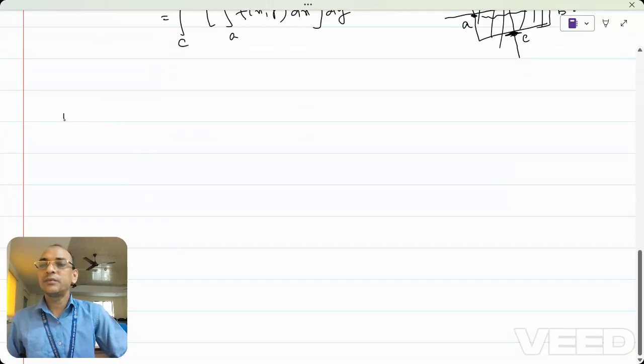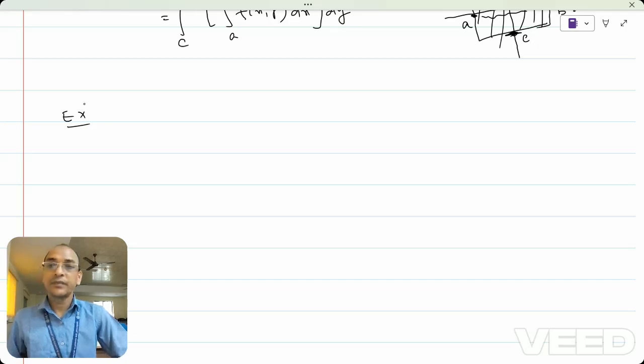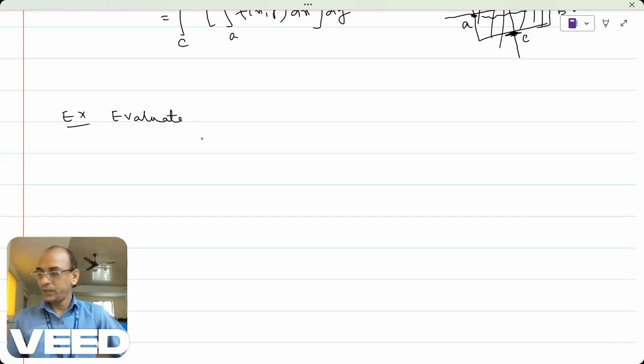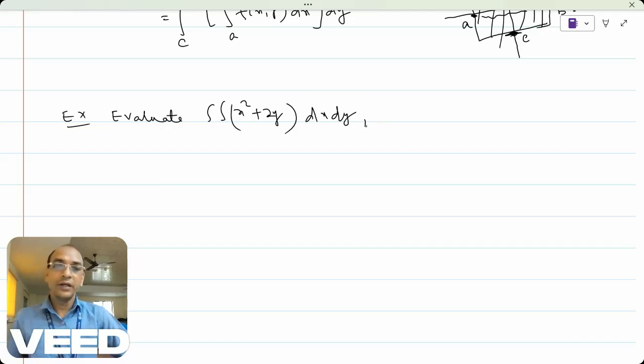Now I will take a simple example here. Evaluate the double integration of x square plus 2y, dx dy, where R is nothing but [0,1; 0,2].